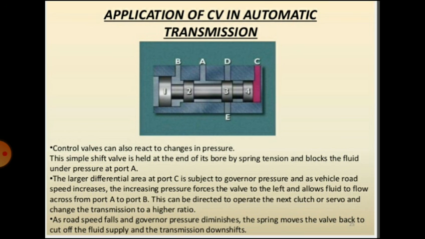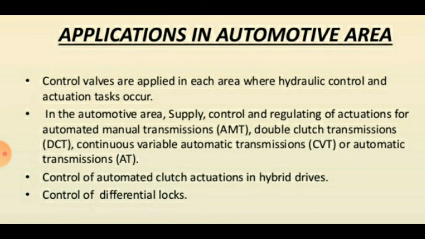In the automotive area, the control valves are applied in each area where hydraulic control and actuation tasks occur: supply, control and regulating of actuations for automated manual transmissions, double clutch transmissions, continuous variable automatic transmissions or automatic transmissions. There in that field, this is used. Control of automated clutch actuation in hybrid drives and control of different locks.